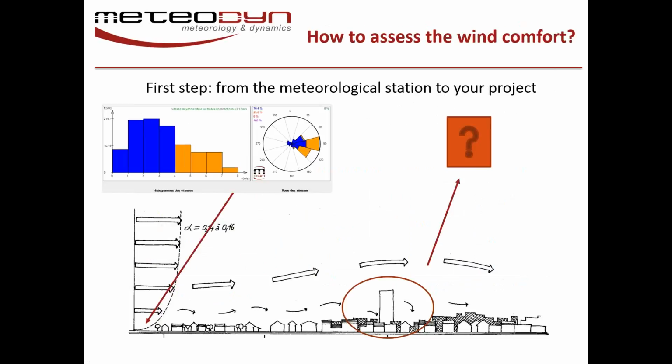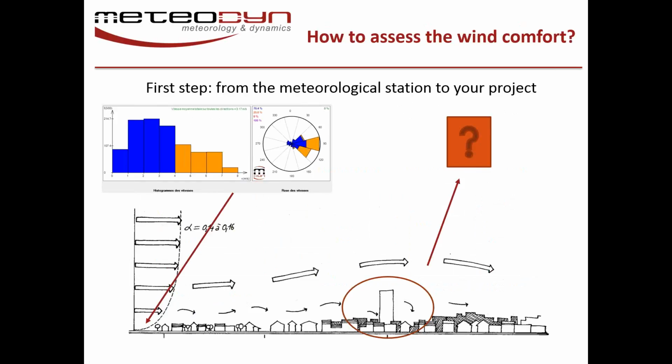So now we know the guidelines in the world, so how can we assess the wind comfort? It's very, very difficult to use the meteorological station to assess the comfort, because the wind at the meteorological station is very different from your project.